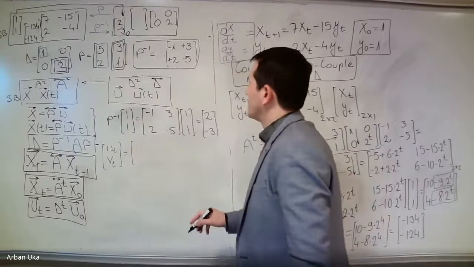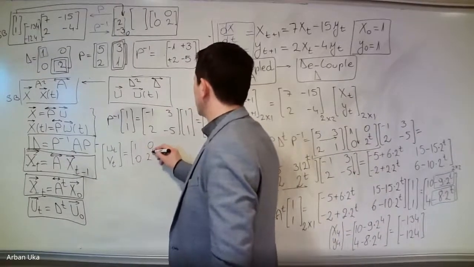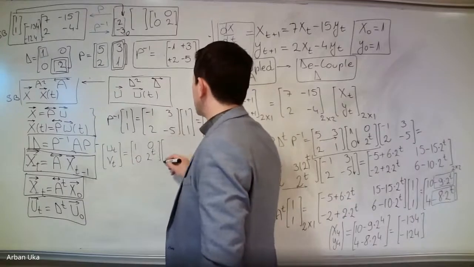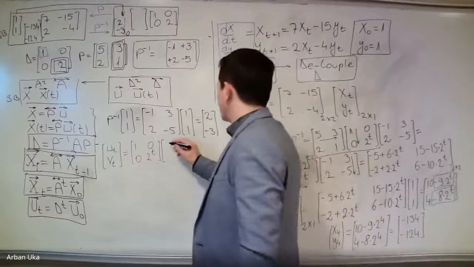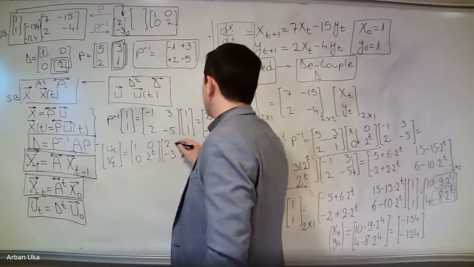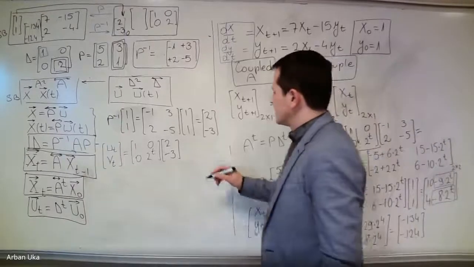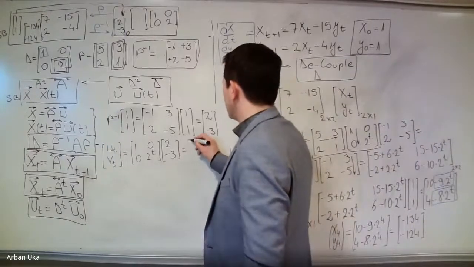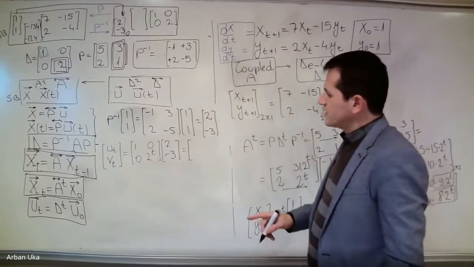D is 1, to the power t is 1, 0, 0, 2 to the power t, times the initial state, which is 2 minus 3. Okay? So then this is equal to, what is this equal? What is u_t?